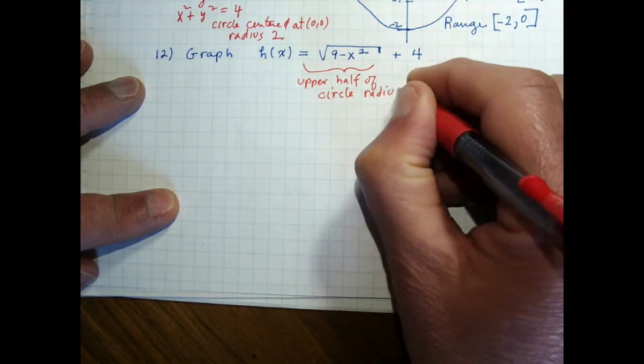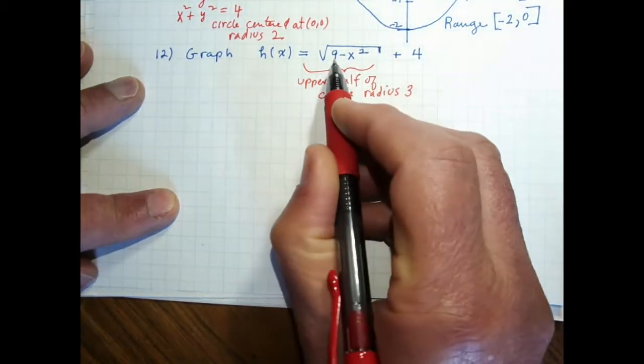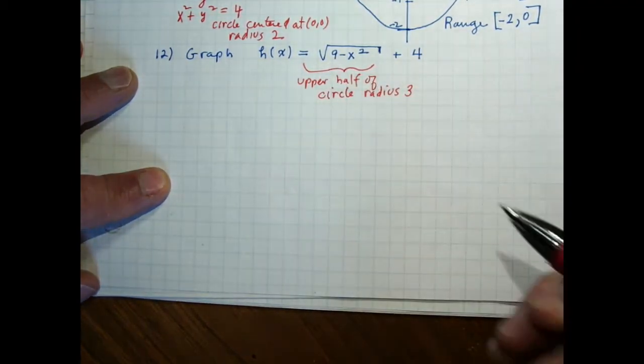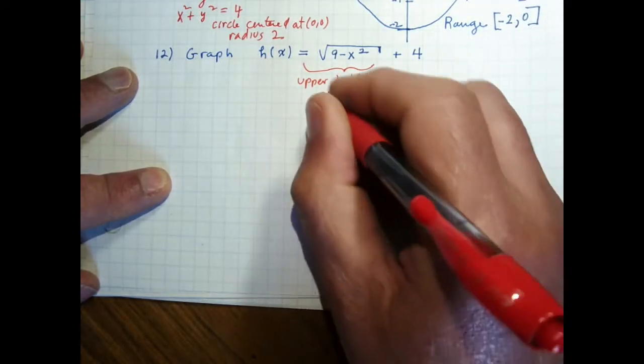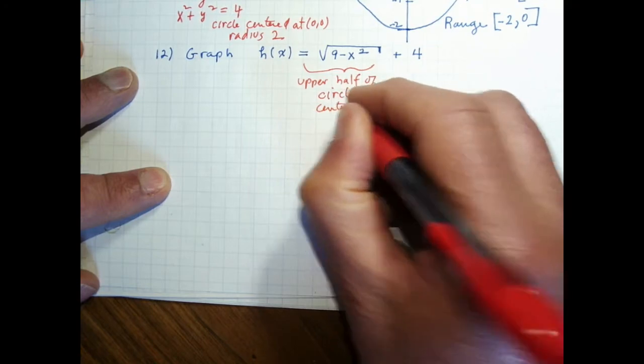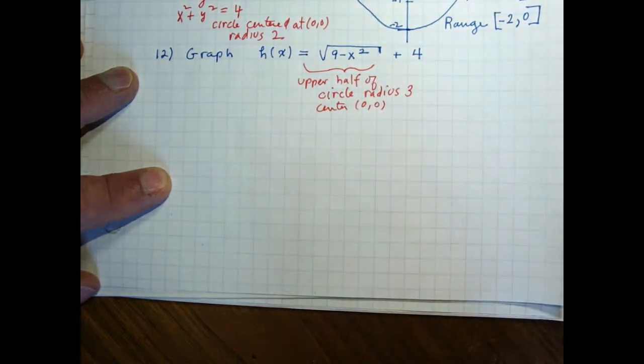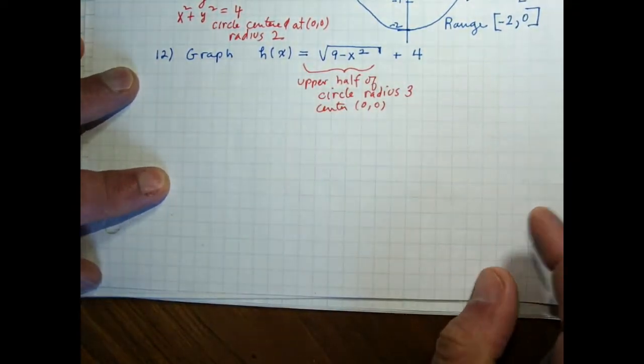Radius is going to be 3. That 9 is like the square of the radius. And upper half of a circle, radius 3, with center at 0, 0. That's what that square root form is telling me.